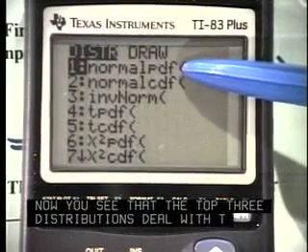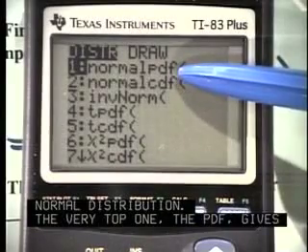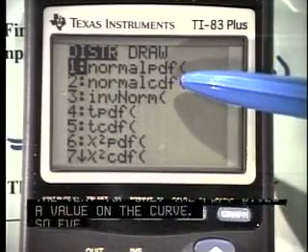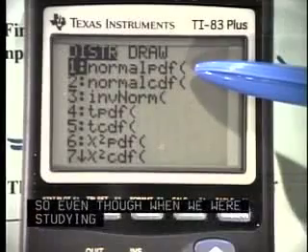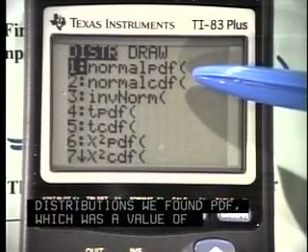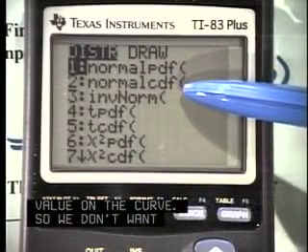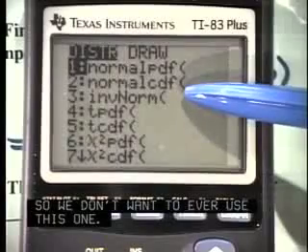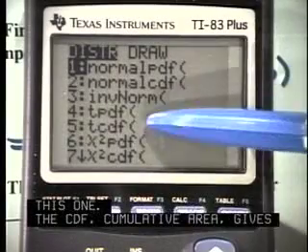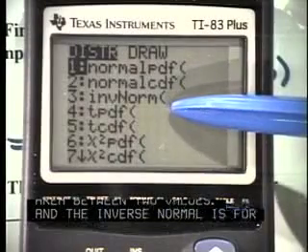The very top one, the PDF, gives a value on the curve. So even though when we were studying the discrete distributions, we found PDF, which was a value of x, for the normal, we're actually getting a value on the curve. So we don't want to ever use that one. The CDF, cumulative area, gives area between two values. And the inverse normal is for when we start and we want to find the percentiles.